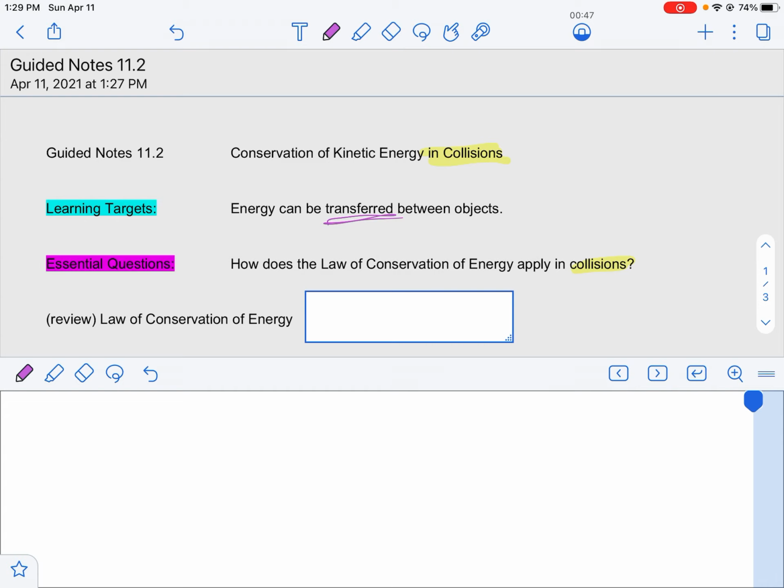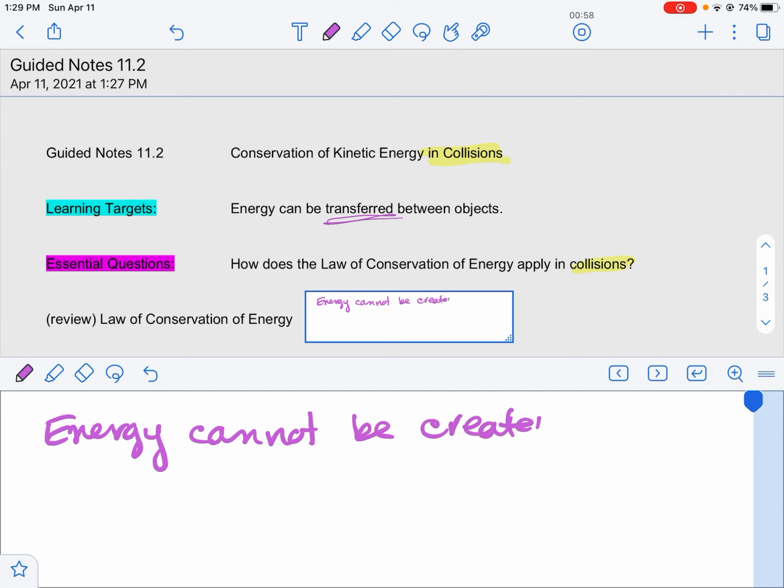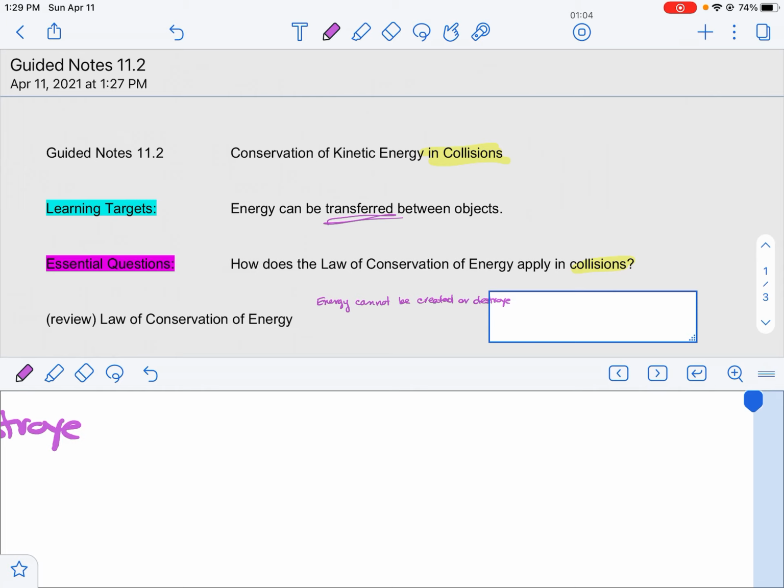Remember, hopefully you're hearing this in your head, energy cannot be created or destroyed, good for you, but it can change forms.